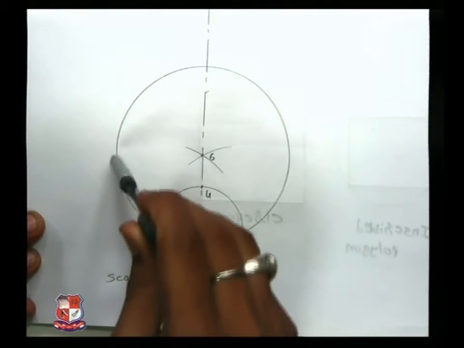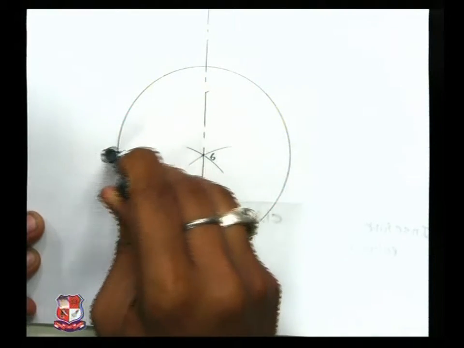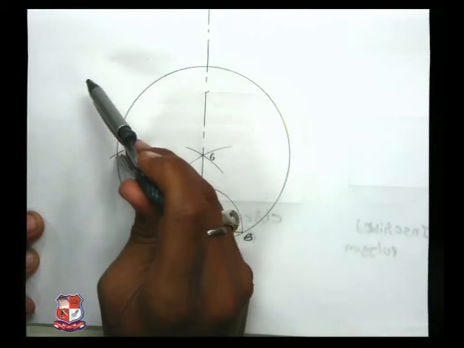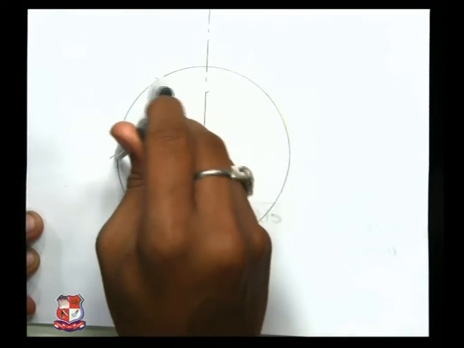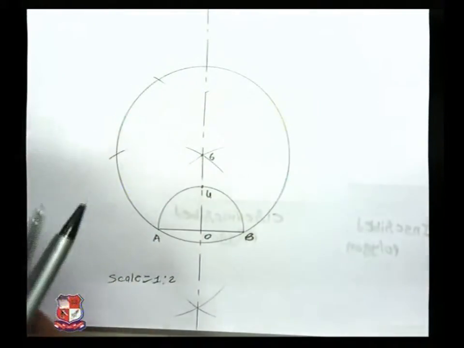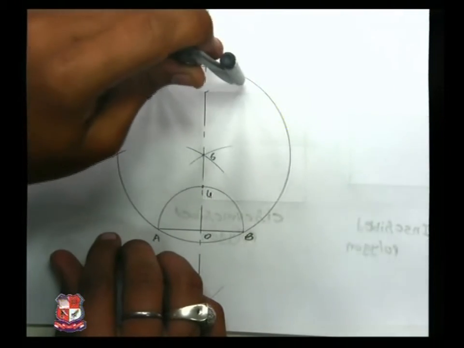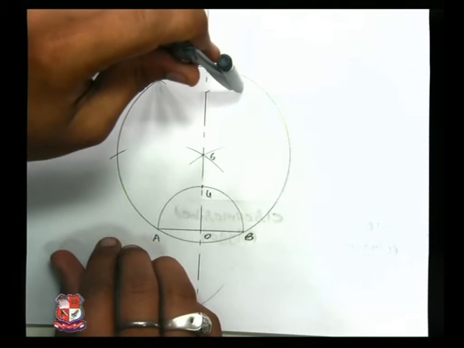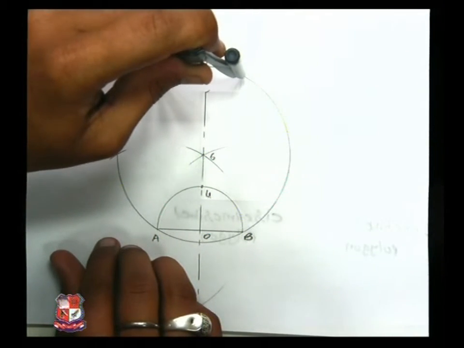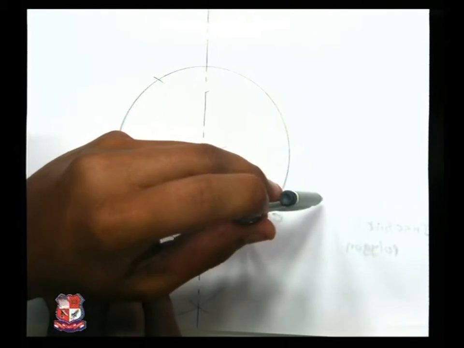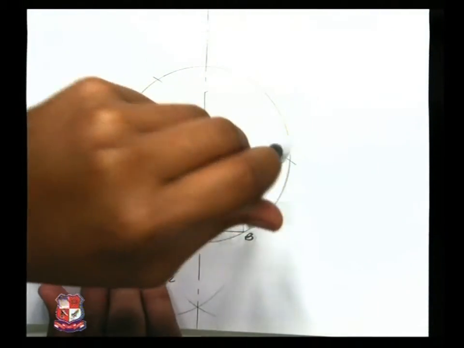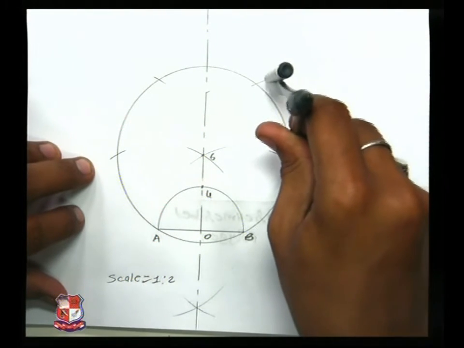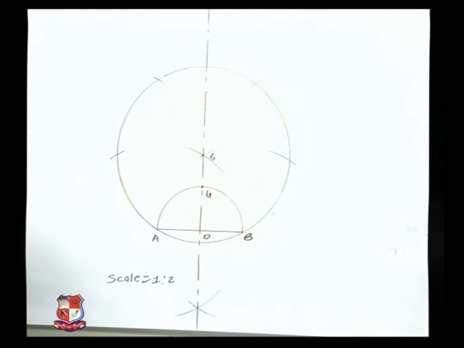Taking A as center, radius as AB, mark an arc on the circle. Again mark an arc on the circle. Over here, mark an arc on the circle, mark an arc on the circle.